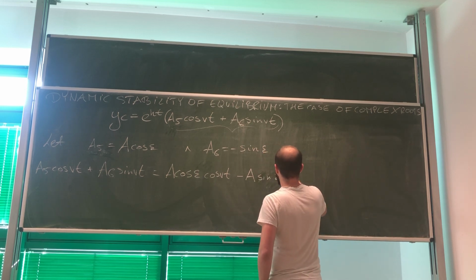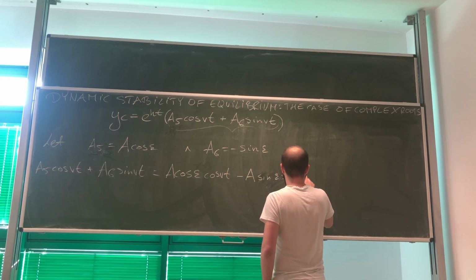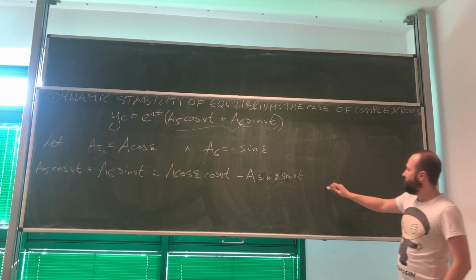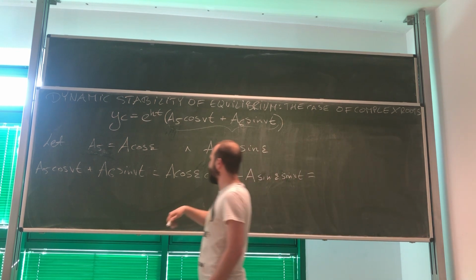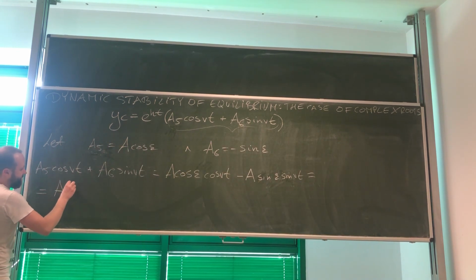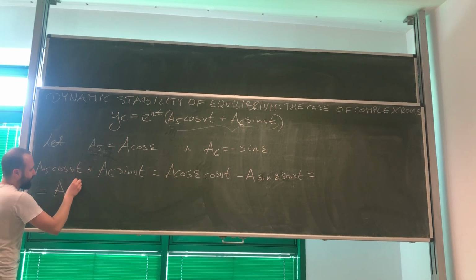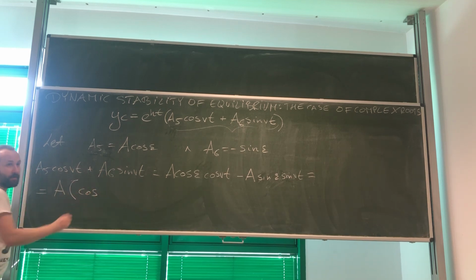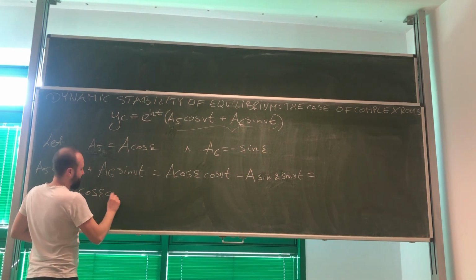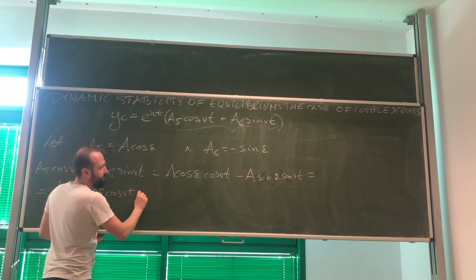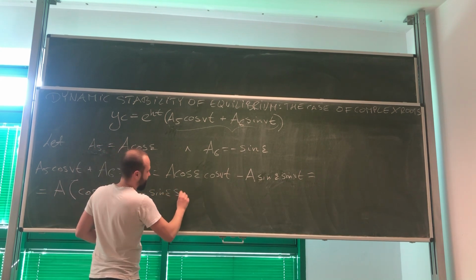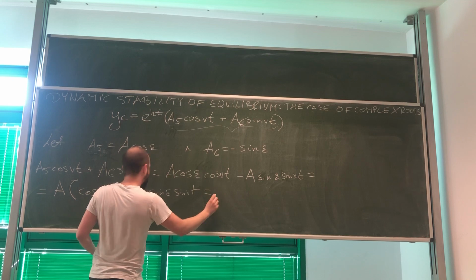And look, we clearly see that A over here can be taken out of the parentheses. And what do we get? Inside we've got A times cosine epsilon cosine Vt minus sine epsilon sine Vt.